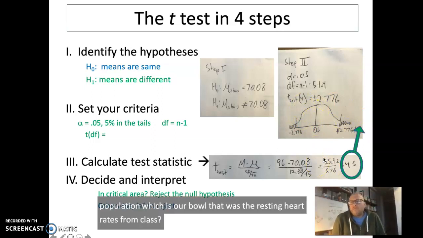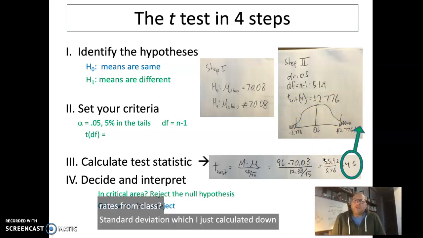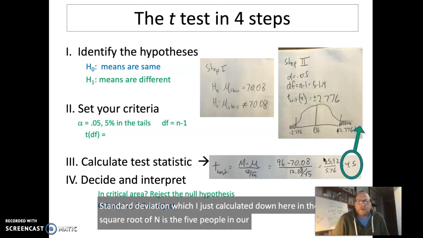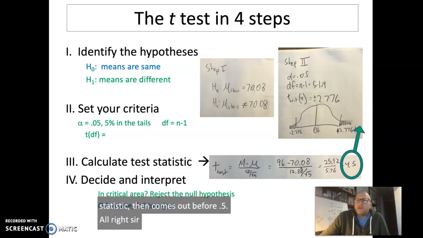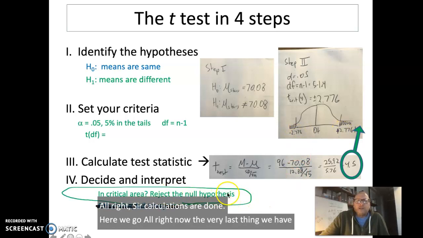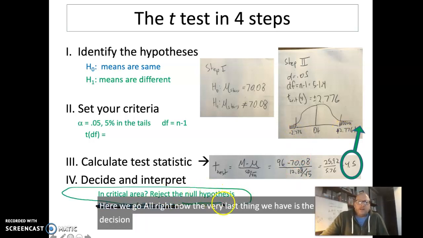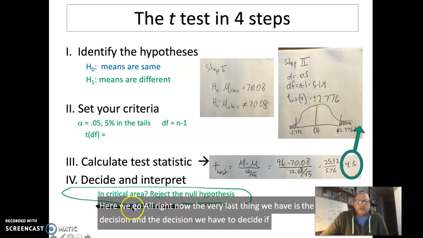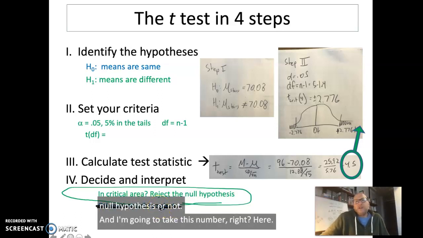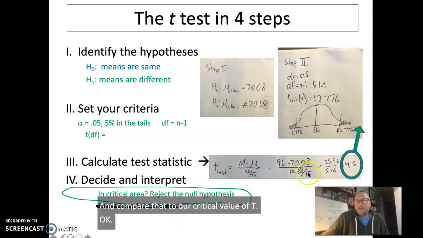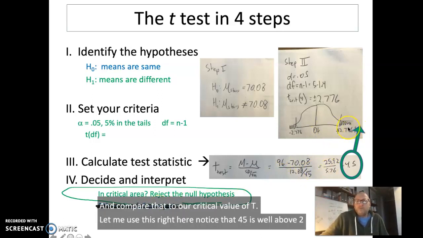Notice that 4.5 is well above 2.776, which was our critical value. Because our test statistic is so much higher than our threshold here, our cutoff score, I'm going to reject the null hypothesis. And I don't know if you can see it with the subtitles, but I've scratched out the null hypothesis down here. So we're going to reject the null hypothesis because our test statistic is far greater than our critical value.